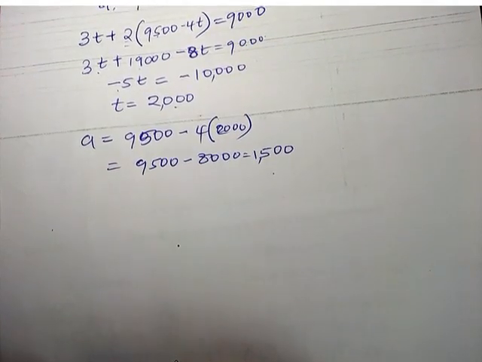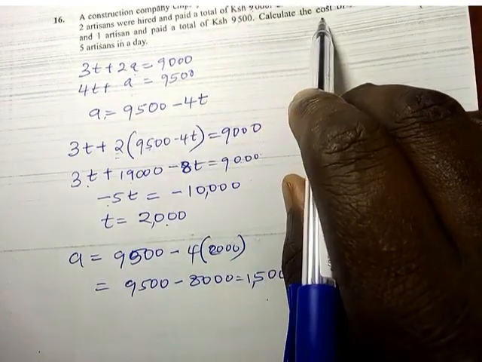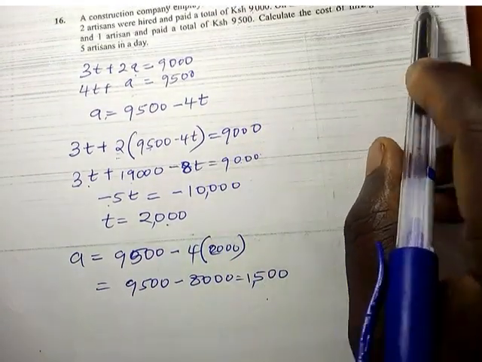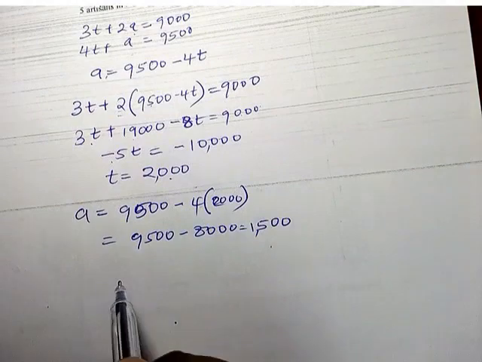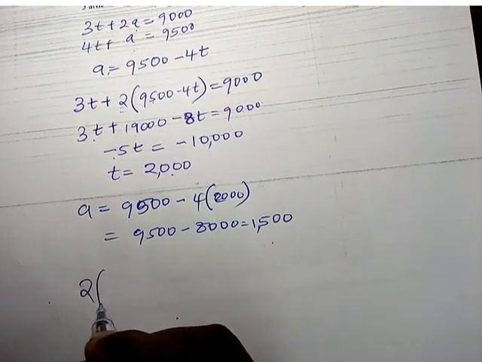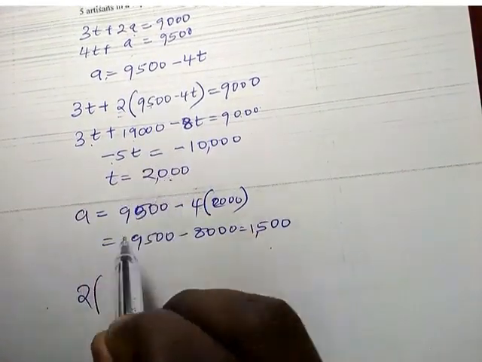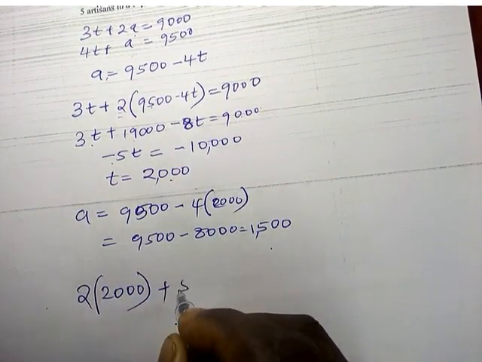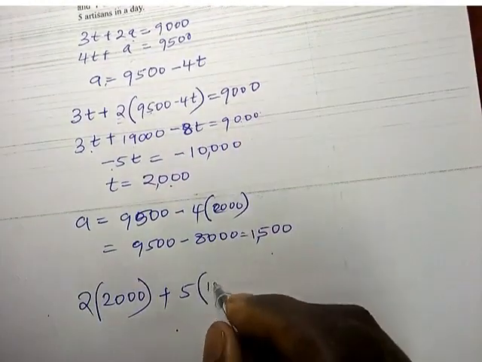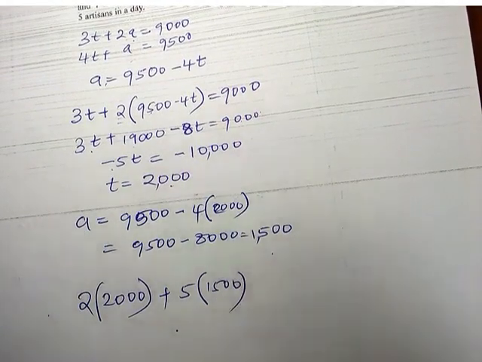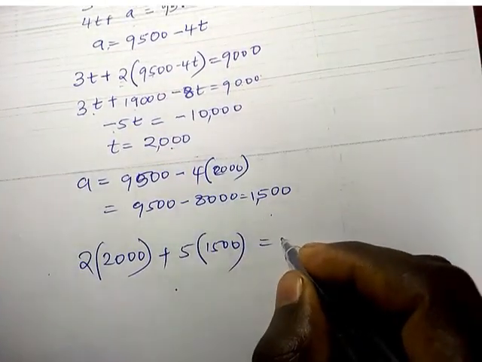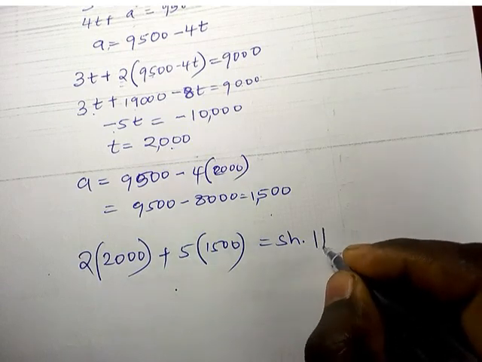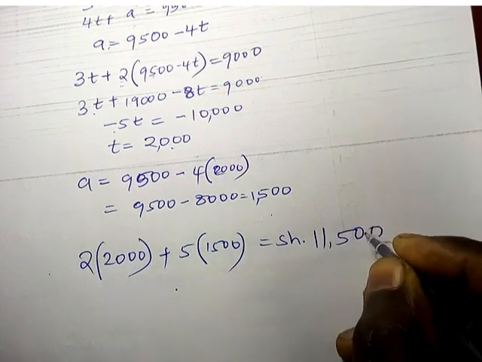So we are asked to calculate the cost of hiring 2 technicians and 5 artisans. So 2 technicians, we have 2 into t, and the t is 2,000, plus 5 into 1,500. And this one will give us Kenya shillings 11,500.